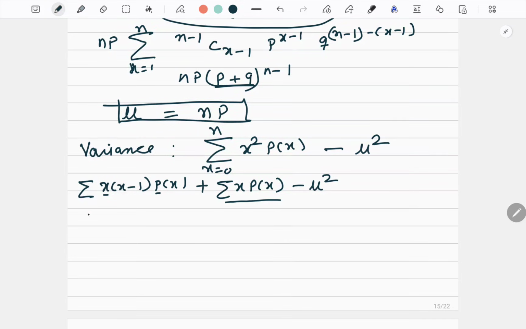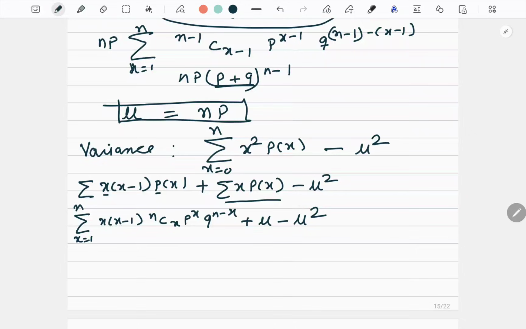And this side what I will do, since I am talking about binomial, I will be opening this px by the binomial formula. So x into x minus 1, px is ncx, p to the power x, q to the power n minus x, plus mu minus mu square. Okay. Now, in the mean derivation, I was having only x, so I opened it by 1 step.